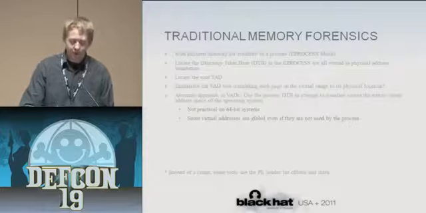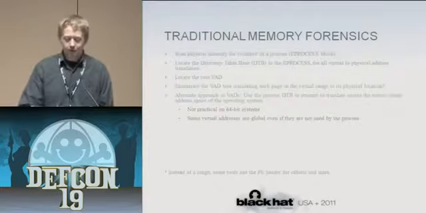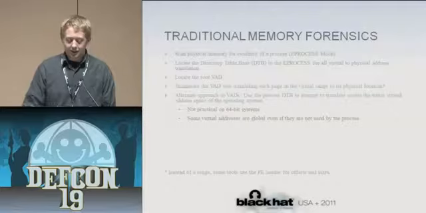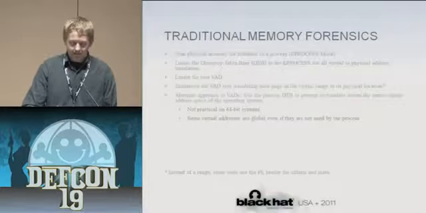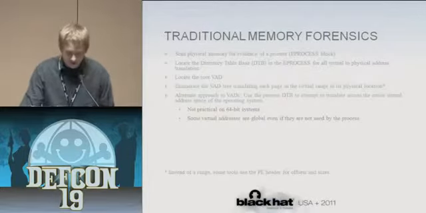Traditionally, you would scan physical memory for an EPROCESS block, and that lets you know that there's a process at that location. From there, you get the directory table base, or DTB, in the EPROCESS, and this will help you translate from virtual to physical addresses.